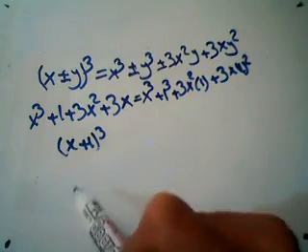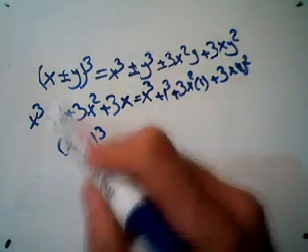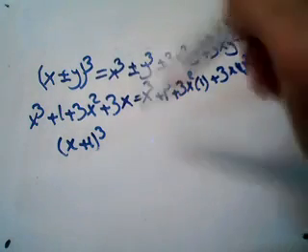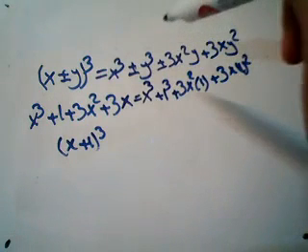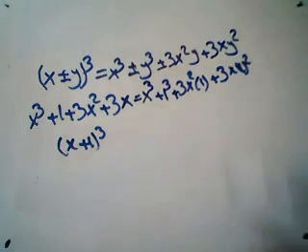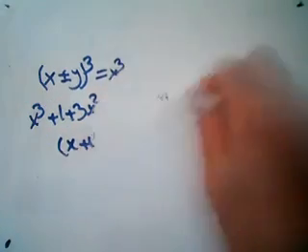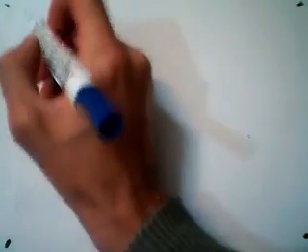I'll do more examples of this after I state the next identity, which is the identity of the sum or difference of two cubes.